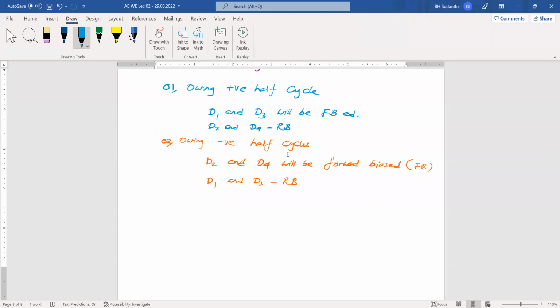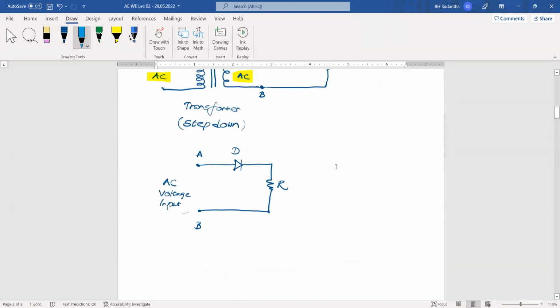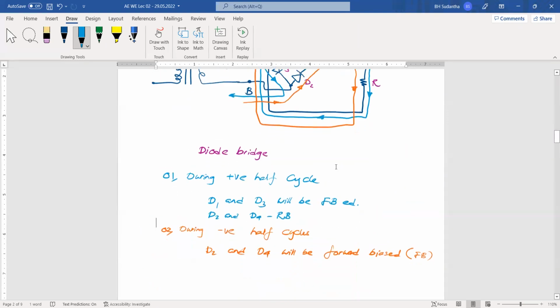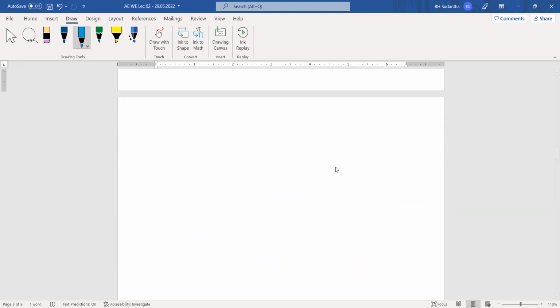Now, from both the half wave and full wave rectification methods, we have only positive voltages at the output side, this one or this one. In this case also you can have this diode bridge here, and these are the points.